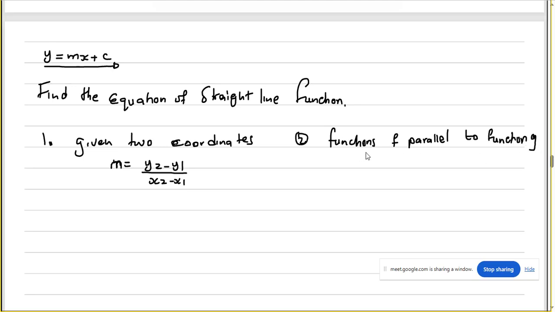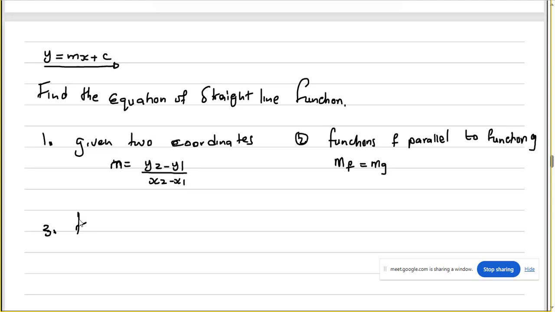So if you have 2 functions that are parallel to each other, just know that you'll be given the gradient of the first function, and the gradient of the first function is equal to the gradient of the second function. Very important. If 2 graphs are parallel, they will have equal gradients. You understand that? Okay.